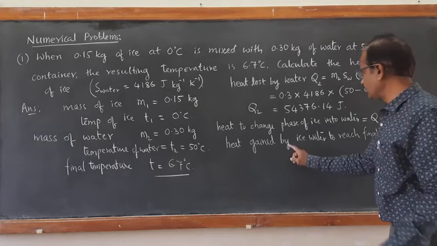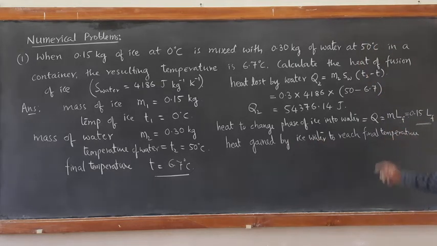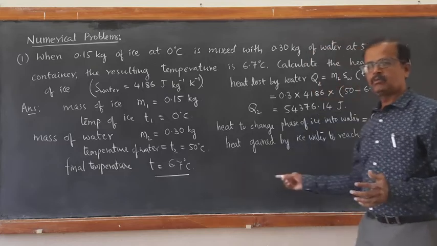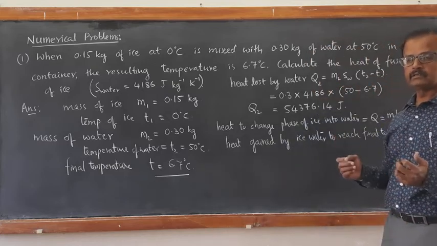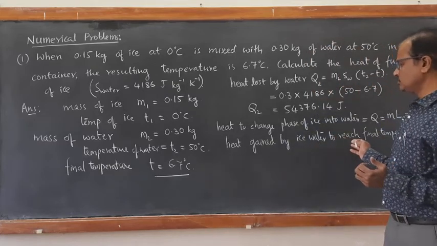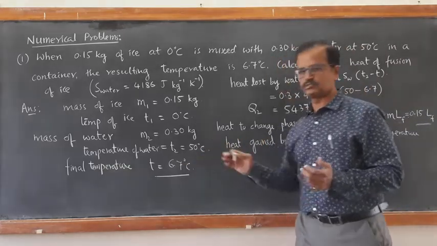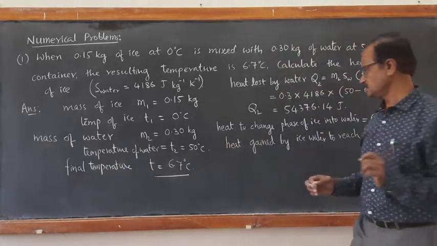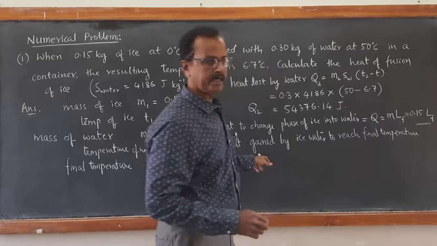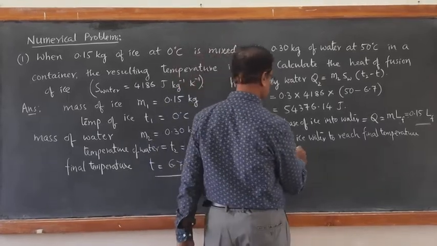Next step, heat gained by ice water to reach final temperature. Now once ice is converted into water, until it reaches 6.7 degrees Celsius, what is the heat required? Heat required to reach this temperature 6.7 from 0 degrees Celsius, that's what we call the heat gained by ice water to reach final temperature 6.7.